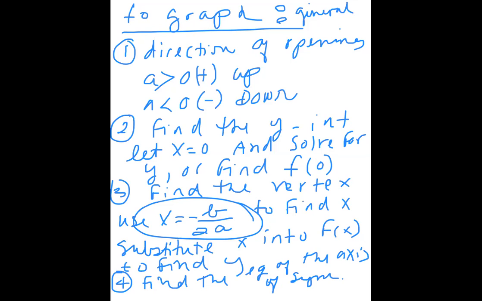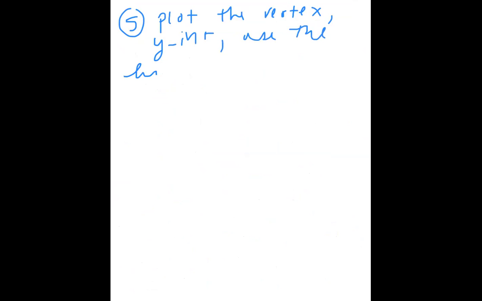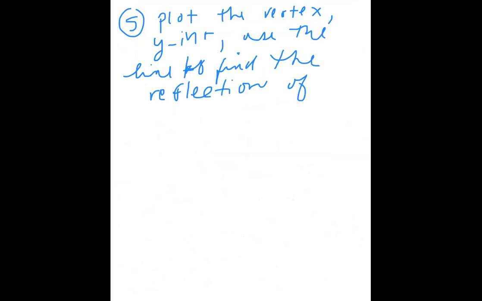So step 5 is basically to plot the vertex, y-intercept, and then use the line of symmetry to find the reflection of the y-intercept, the coordinate of the y-intercept.